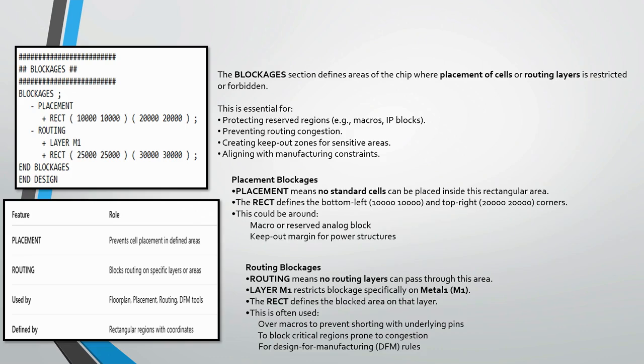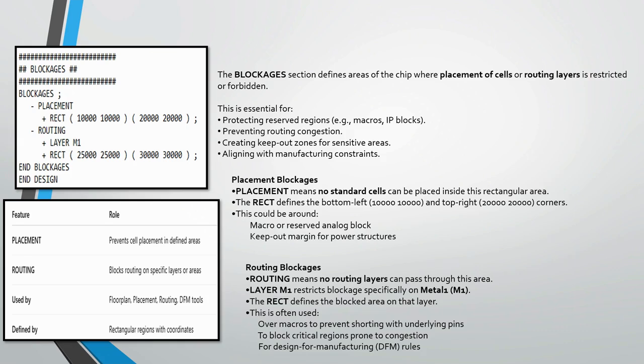The blockages section defines areas of the chip where placement of cells or routing layers is restricted or forbidden. This is essential for protecting reserved regions, example macros and IP blocks, preventing routing congestion, creating keep-out zones for sensitive areas, and aligning with manufacturing constraints.